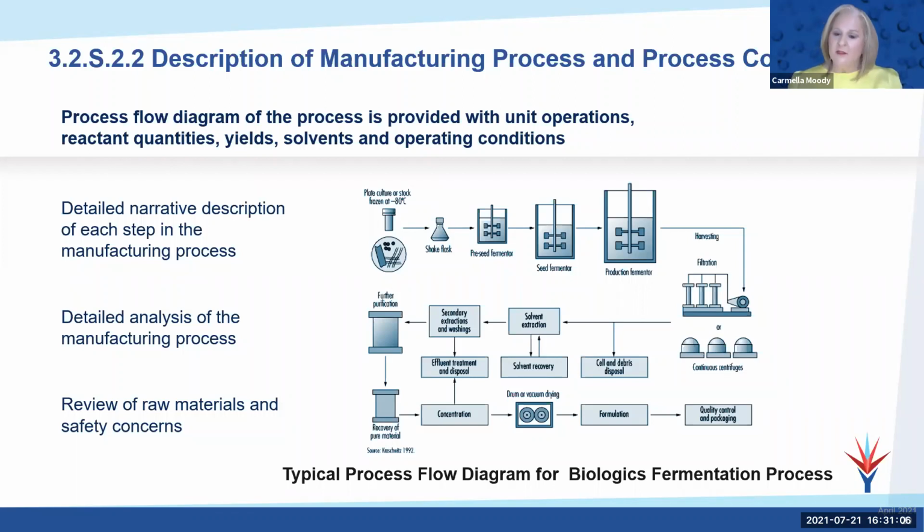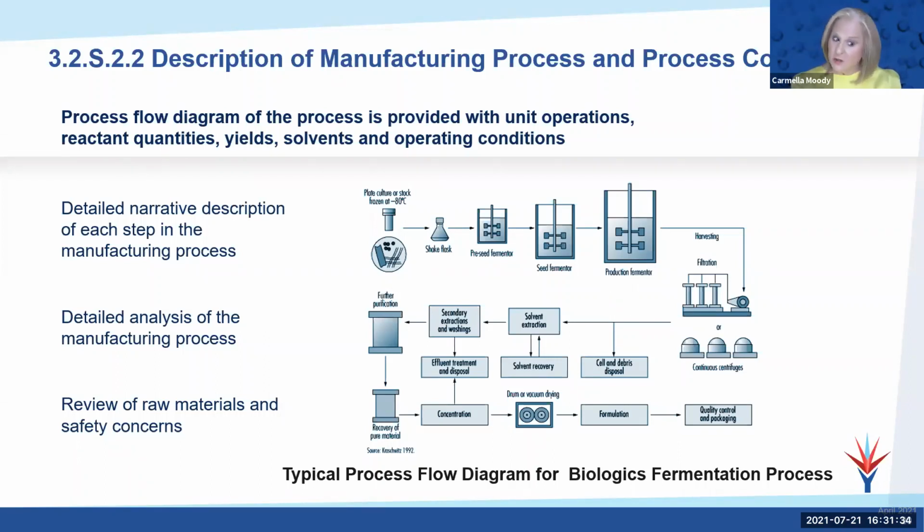And then they want you to include a narrative description of each one of the manufacturing steps. So they use the process flow chart and the narrative description to make sure they understand the overall manufacturing process. And in the process description, that's where you can provide a bit more information.